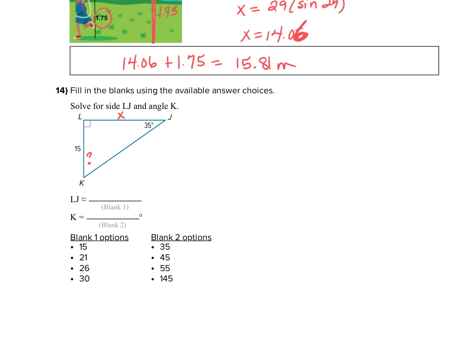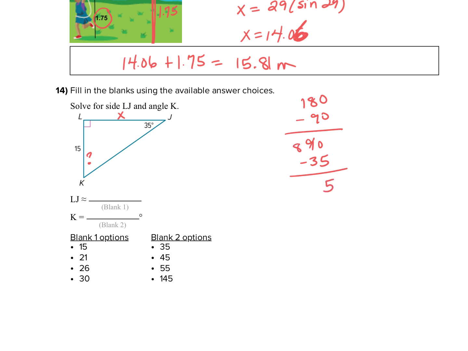Well, we already know that the three angles of a triangle add to 180 degrees. So if I just subtract 90, which obviously gives me 90, and I subtract 35, I'll find what K is without doing any trig at all.